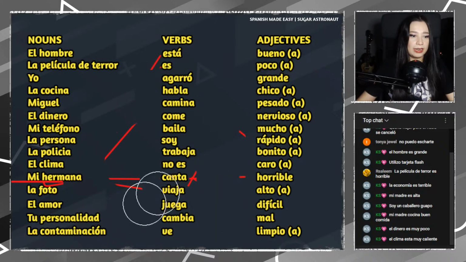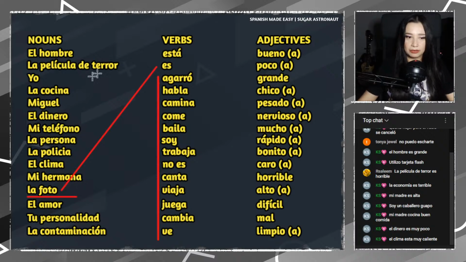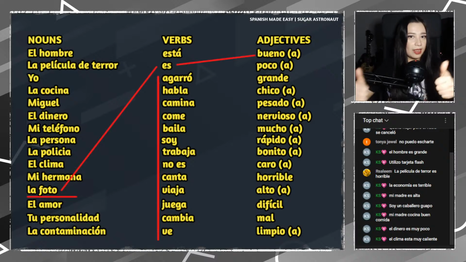Okay, let's move on. La foto. The picture or the photo, same thing. La foto es. We cannot use these because this is usually done by people, and well, we're talking about a picture, right? So la foto es buena. The picture is good. You like it.